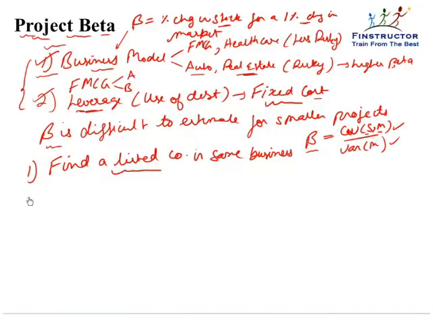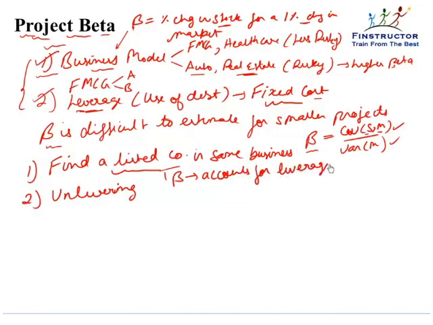So the second step is called unlevering the beta. Whatever your listed company's beta is, this would be accounting for the leverage of the listed company. So if the listed company has a lot of debt, then the beta would be higher.